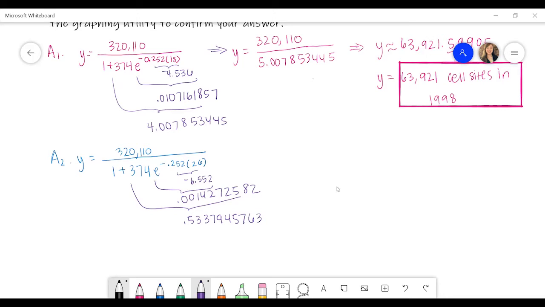Don't forget, let me rewrite the equation over here. So you've got Y is 320,110 divided by 1.533794576.